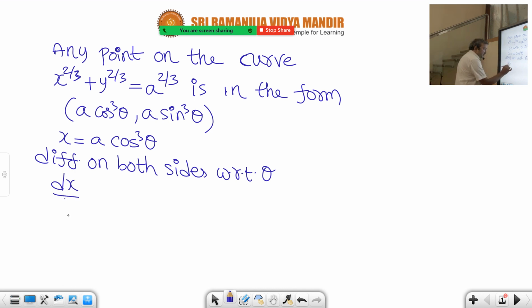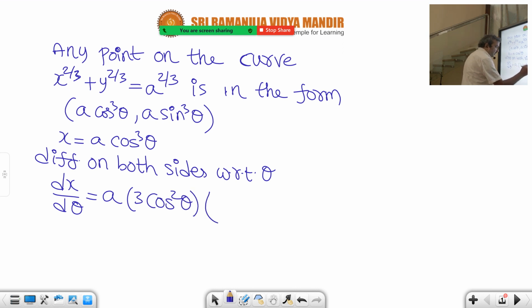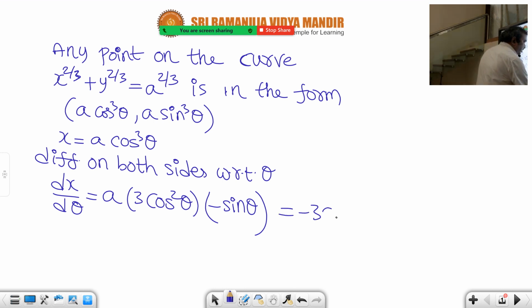Here dx by d theta, a is constant. Here x power n derivative is n into x power n minus 1. So it is 3 cos square theta, and after that cos theta derivative is minus sin theta, so it is minus 3a sin theta cos square theta.